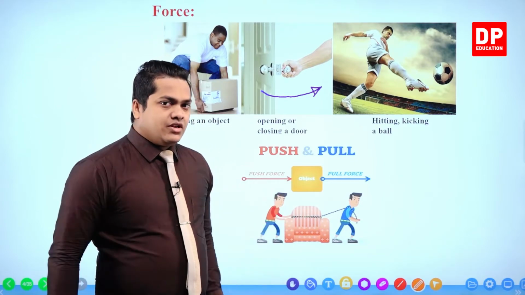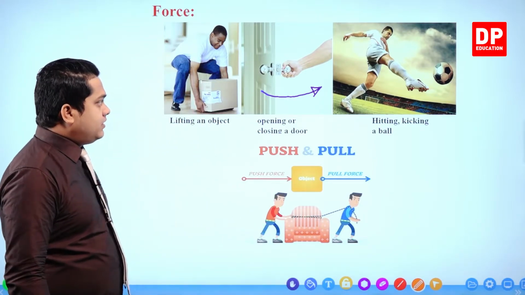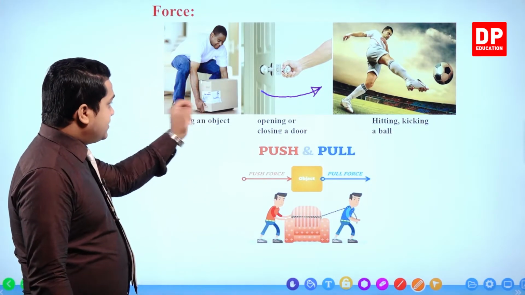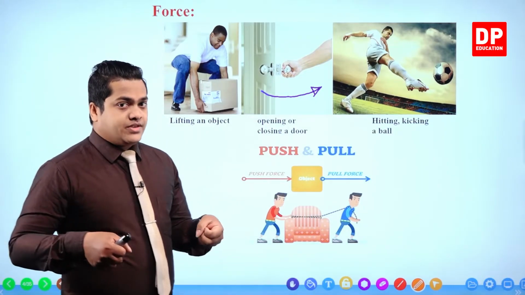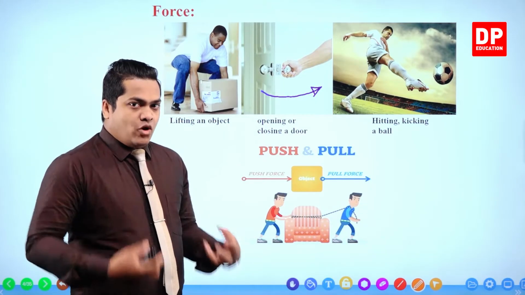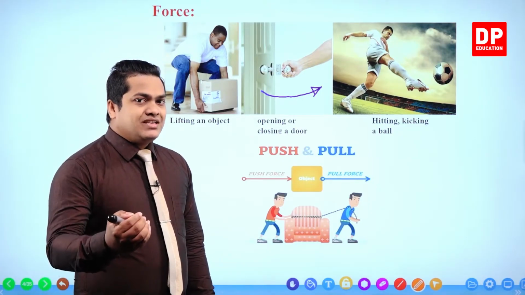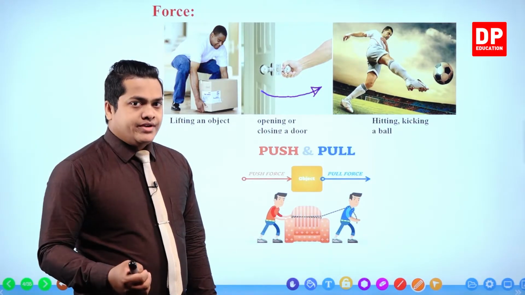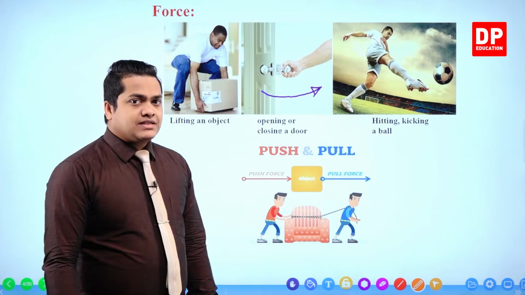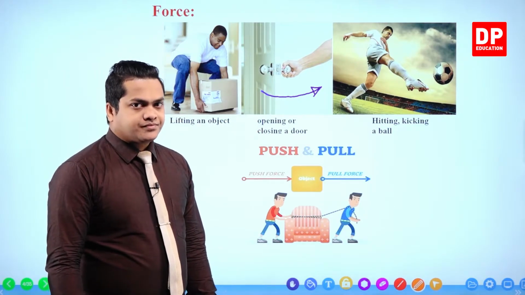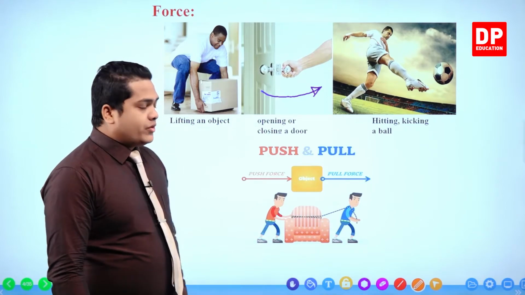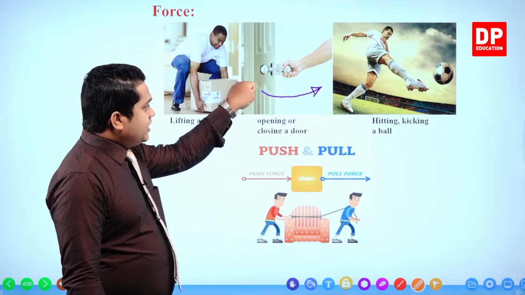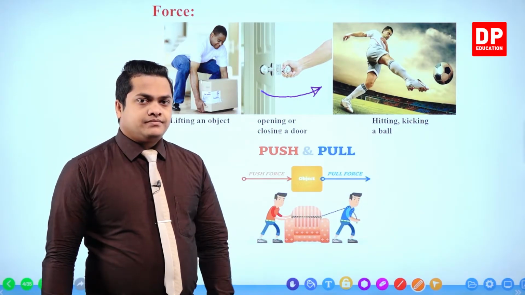So once again, my dear children, let's see what happens within each of these figures. The first figure, lifting an object. Lifting means he is pulling the object towards him. When an object is pulled, always that object is coming towards you. Second instance, I told you that we'll imagine that the person is going to open the door. In opening the door, he is pulling the door towards him.